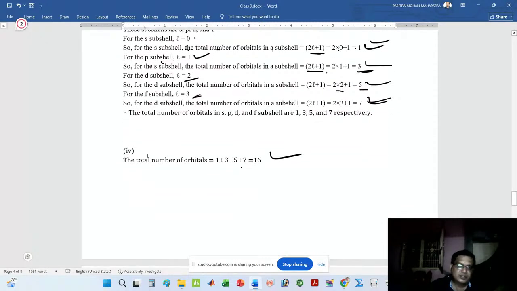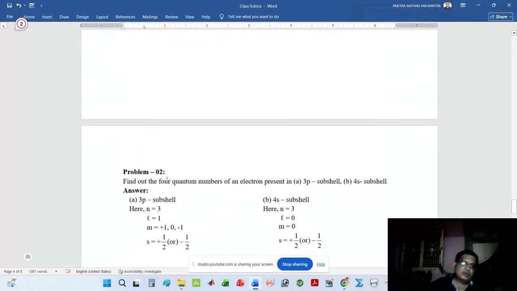Next, move to problem number 2. Find out the four quantum numbers for an electron present in the 3p subshell and the 4s subshell. Two questions: one is the 3p subshell, another is the 4s subshell.